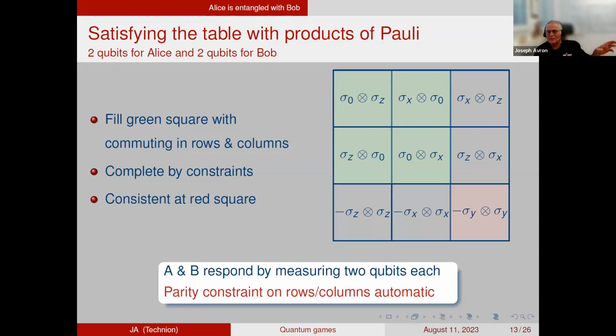In her room, Alice has a lab which allows her to measure the 2 qubits. She can measure sigma x or sigma y or sigma z on either of the 2 qubits. And once she is given a row, she makes the measurement stipulated by the row. But you said she doesn't know what row she's given. She knows what row she is given after she goes to her room.